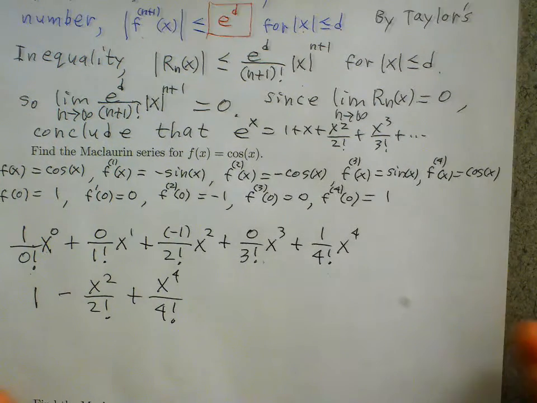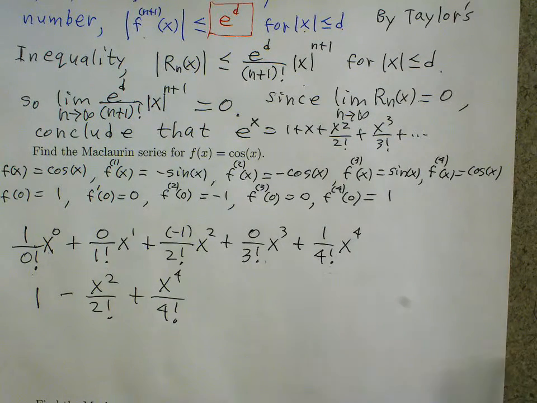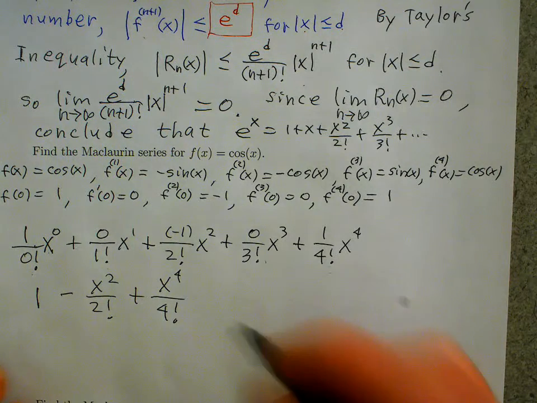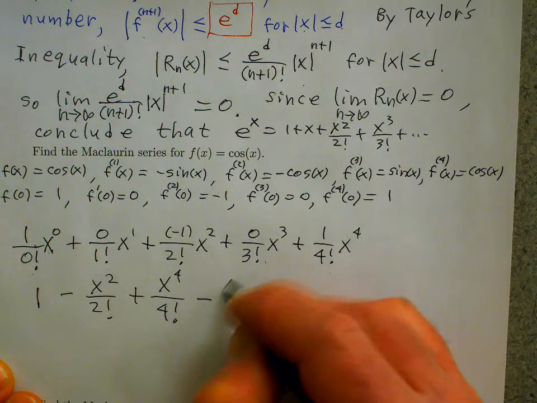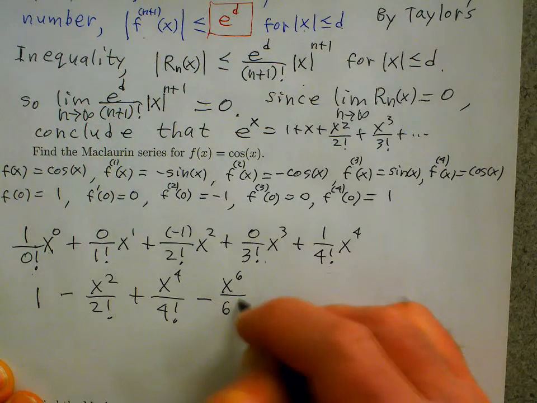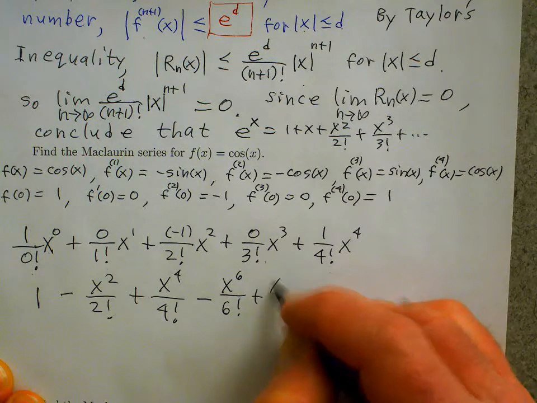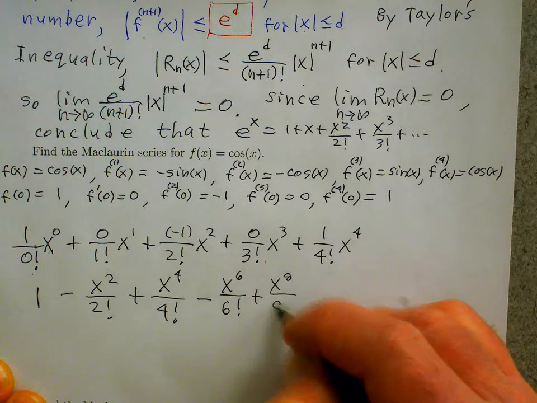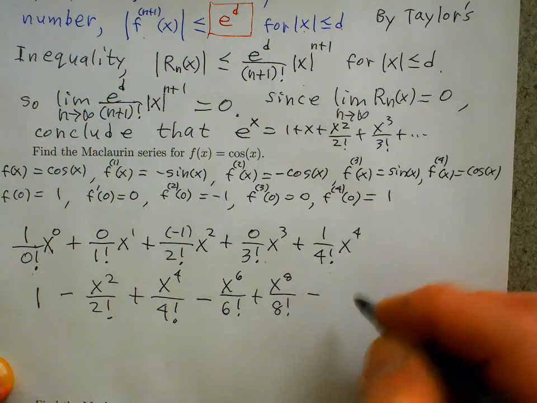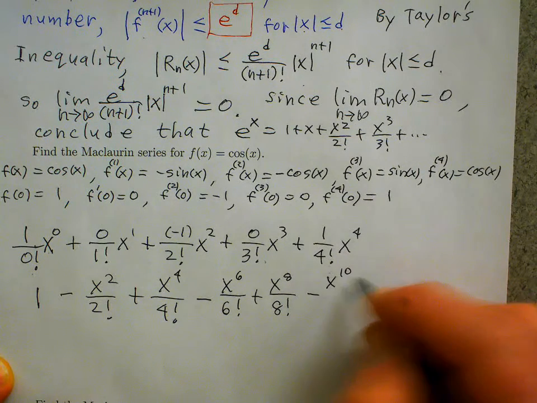So do you think you know what the next term is, even though we haven't accounted for it? Yeah, minus x to the 6th over 6 factorial plus x to the 8th over 8 factorial minus x to the 10th over 10 factorial, and so on.